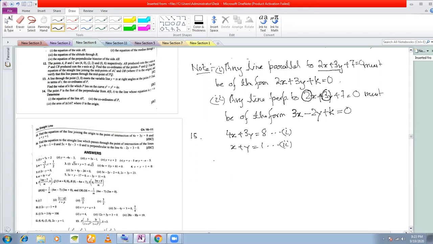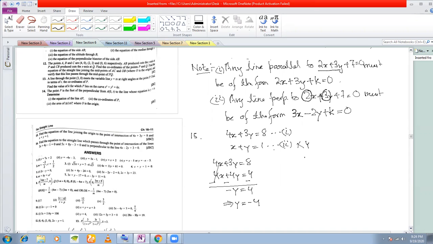Let us try to solve this. 4x plus 3y is equal to 8, and you multiply the second equation by 4, so you get 4x plus 4y is equal to 4, and then you subtract. This cancels, you get minus y is equal to 4. That means y is equal to minus 4.